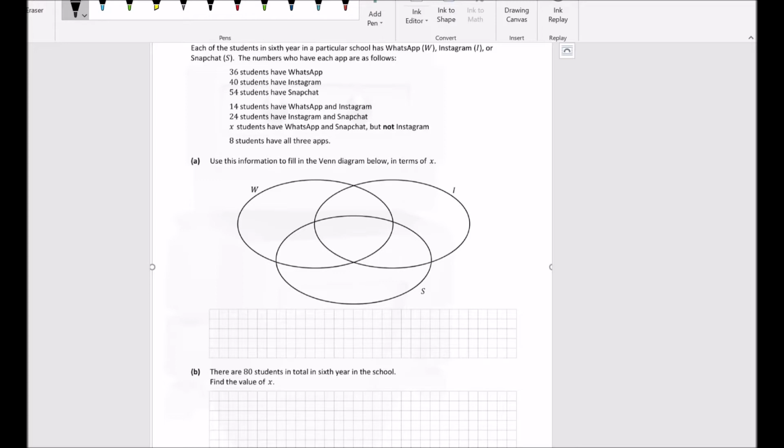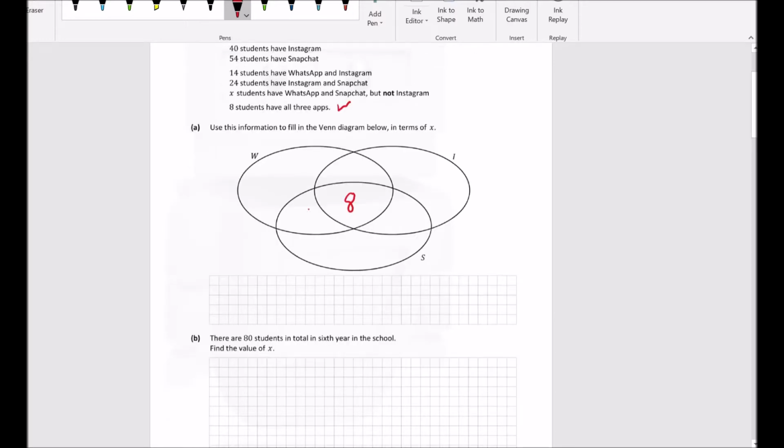So we must start in the middle, okay, and fill in what we know. Well, we know 8 students have all 3 apps. So we've dealt with that. Now, X students have WhatsApp and Snapchat but not Instagram. So WhatsApp and Snapchat, X. Okay. 24 students have Instagram and Snapchat.